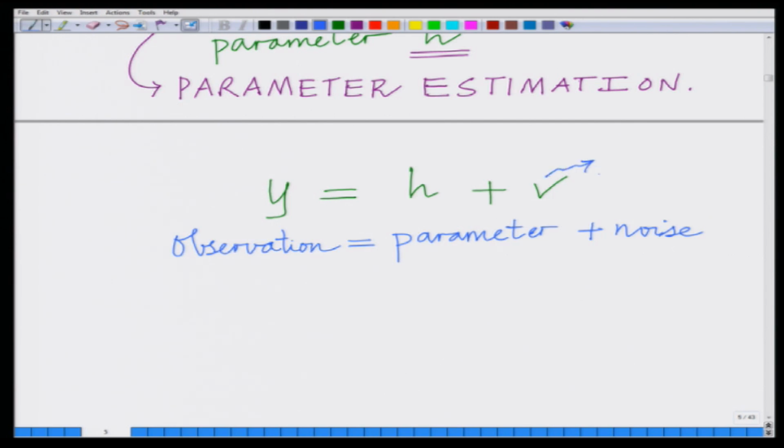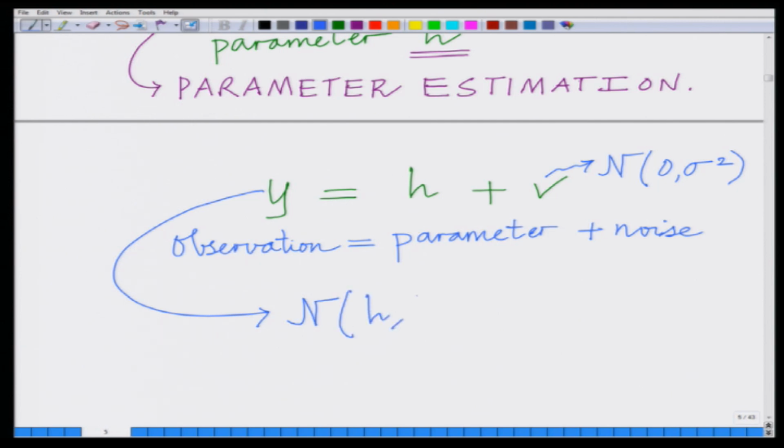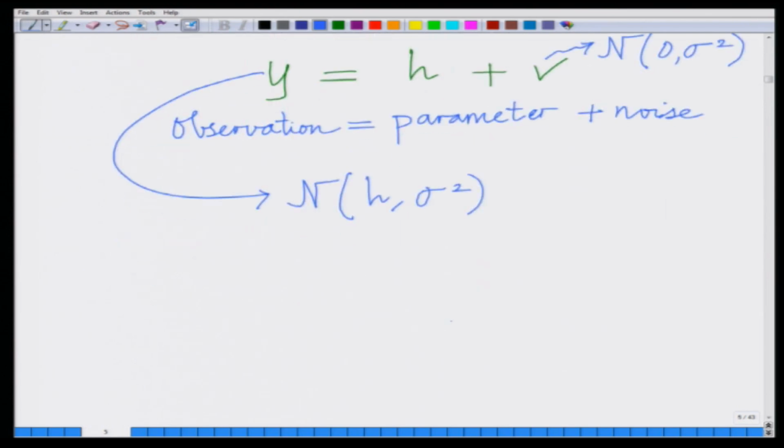And in addition, we have seen that when this v is Gaussian with mean 0 and variance sigma square, then this y is also Gaussian with mean given by the unknown parameter h and variance sigma square.